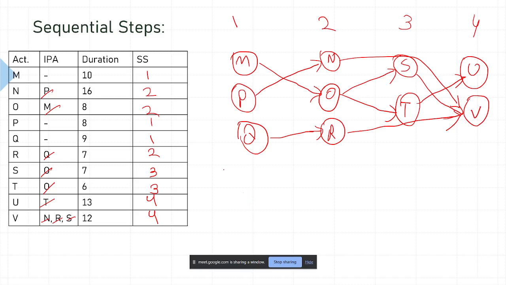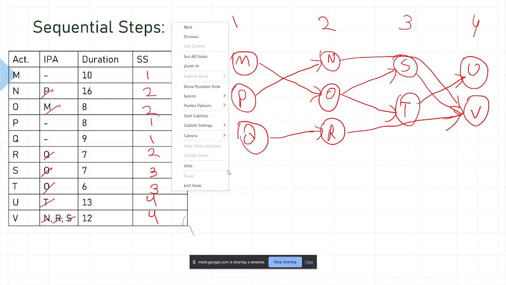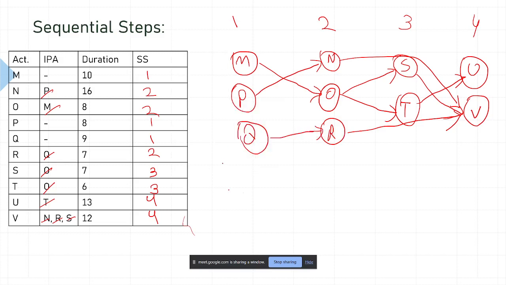Okay, so moving on, as you can see, now we'll try to identify what should be our logical network. So one link I can see clearly is M, O, T and U, and then there is Q, R, V. So let's have it like that.